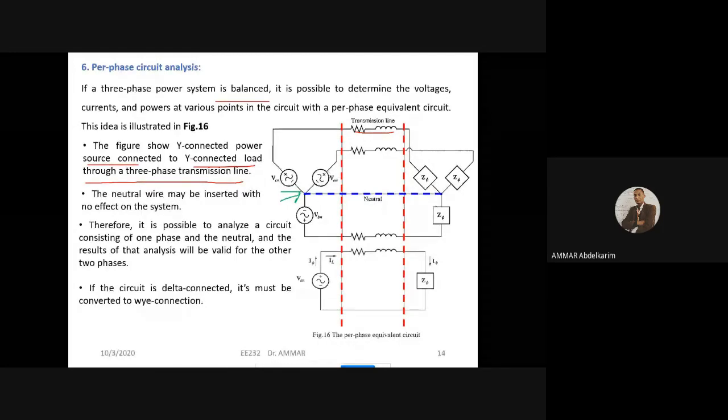So this is the first phase source. We can take this like this. This is the first load, and we return back from the neutral. This is the first phase.